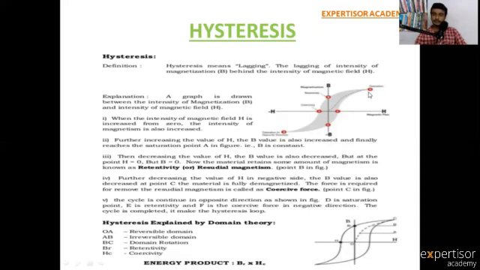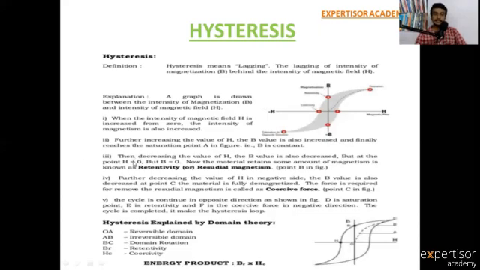At first H is increased, B also increases and reaches point A. With further increase in H, there is no increase in B. That is the saturation point. The initial point is A, and A is the saturation, that means B is constant.